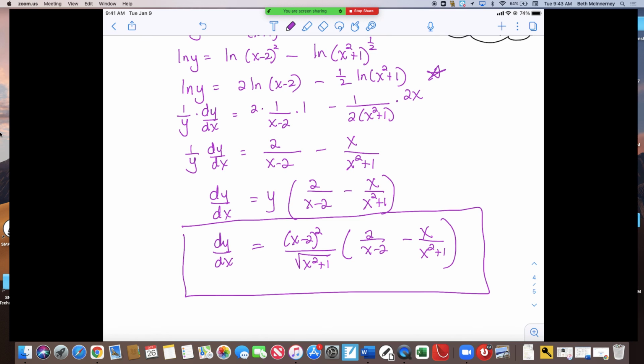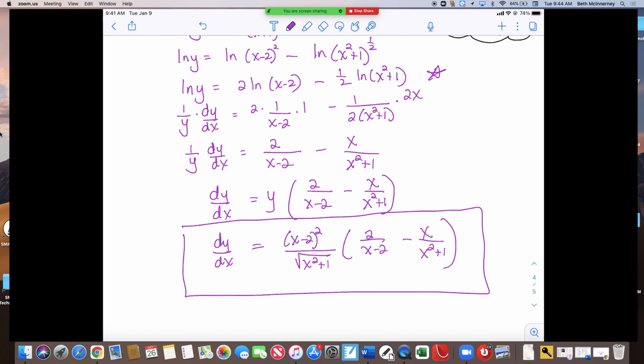And again, what I mentioned yesterday is sometimes when you're doing this technique, you could have done 1 over the stuff times the derivative of the stuff, and final answers could look different where they build a common denominator and simplify. That could be another possibility.